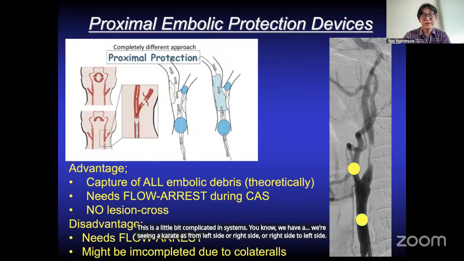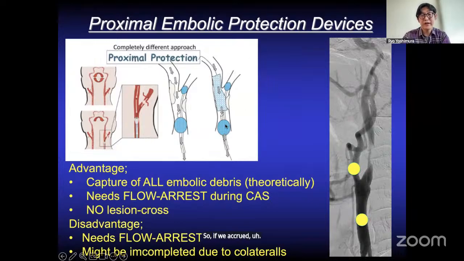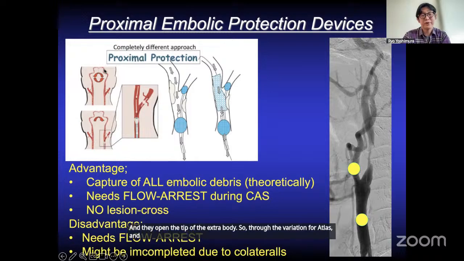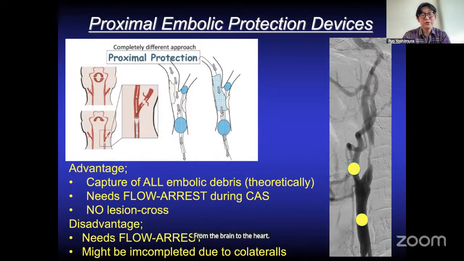So if we occlude the common carotid artery and external carotid artery and open the catheter tip to the outside of the body, then through the Willis collaterals the flow is reversed from the brain to the heart. So the debris is retrieved to the outside of the body. So this is a proximal protection device.